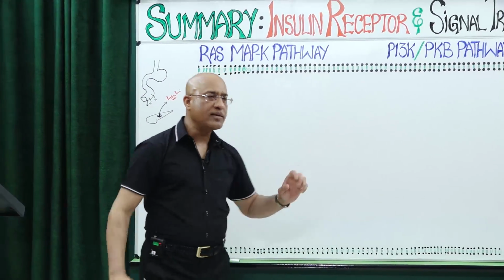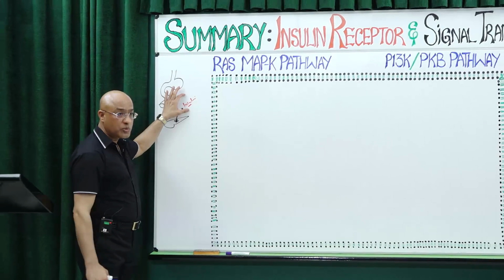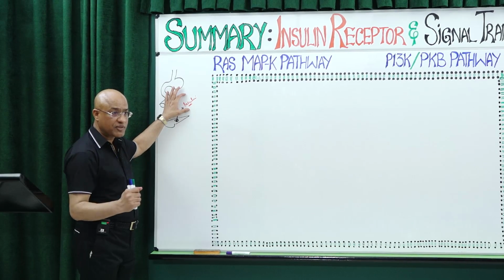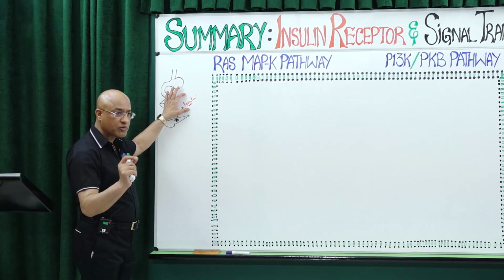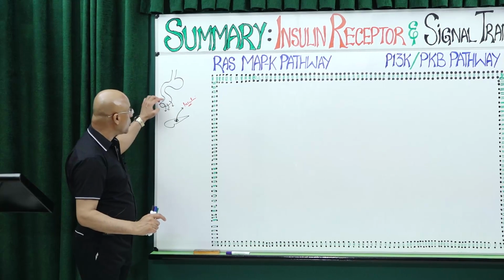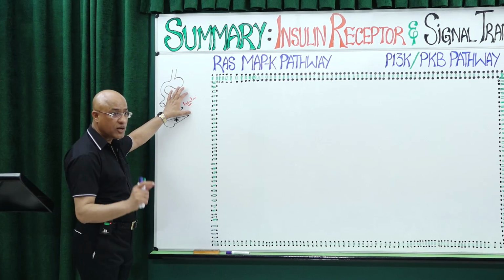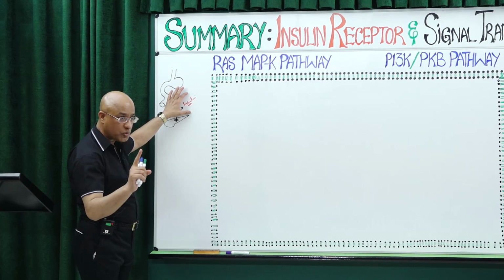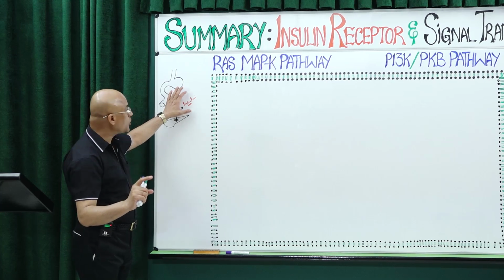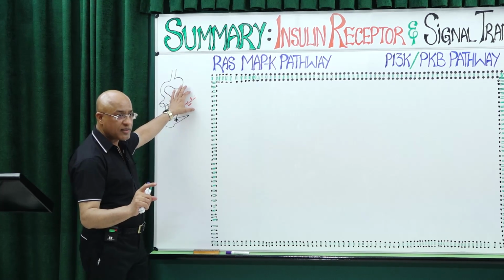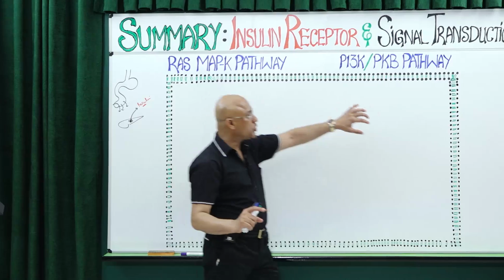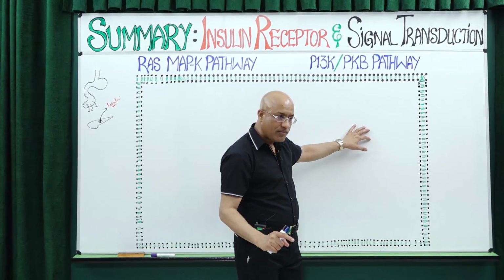So what is the basic function of insulin? The basic function and purpose of insulin is that glucose, amino acids, and other nutrients which are absorbed, especially glucose, should be taken up by the cells.